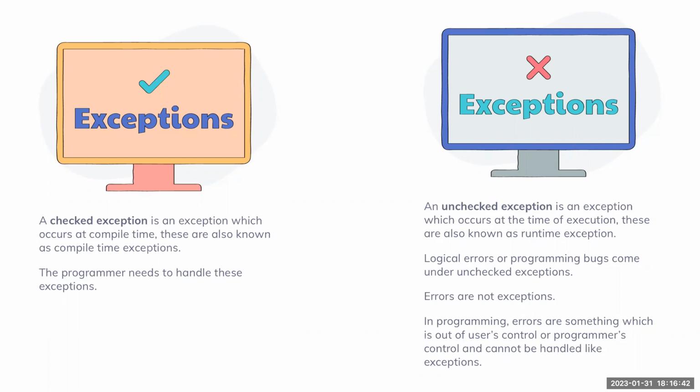In programming, errors are something which is out of the user's or programmer's control and cannot be handled like exceptions. But exceptions, which are logical errors and programming bugs, we can handle properly inside the program itself. What kind of features does Java provide to handle these kinds of exceptions? Let us understand that.